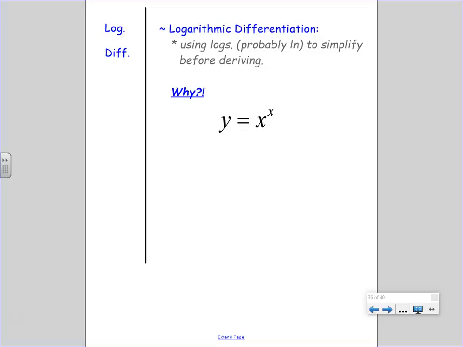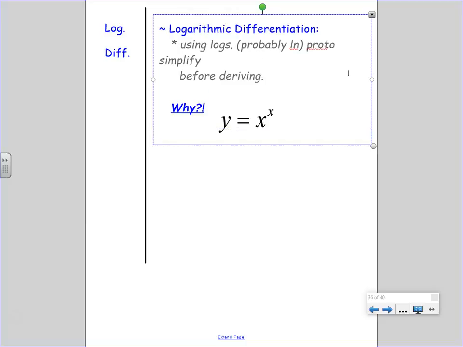Okay, so for calculus: logarithmic differentiation. You guys just used it. There already was an ln, and you used cool ln properties to simplify before deriving. So question, why do we have to know how to do this?